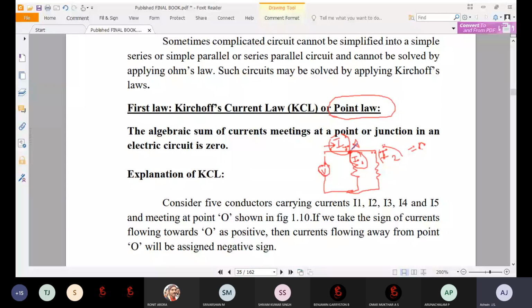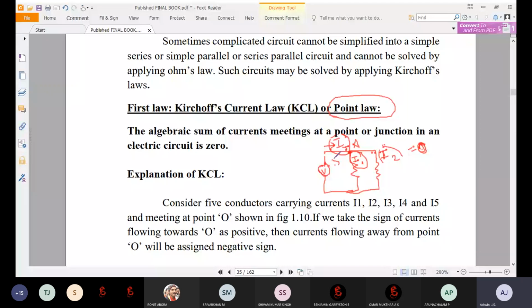If you do the total summation of IT along with I1 and I2, your final value should be equal, right?